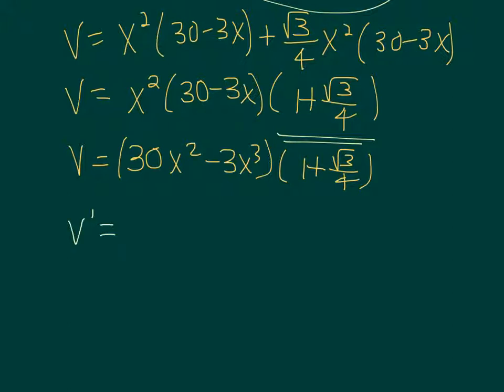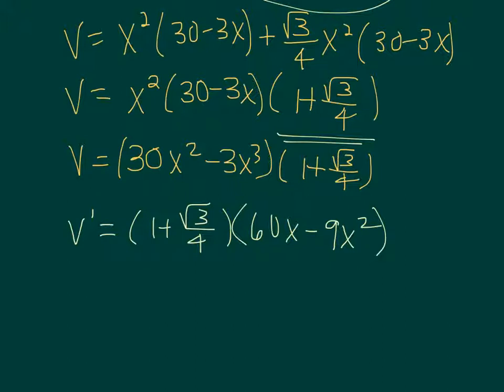So V prime, I'm just going to leave my constant alone. It's going to be 60x minus 9x squared. I could use product rule here. It would be first times the derivative of the second, which is 0, plus the second times the derivative of the first. So this is fine. Now, we're trying to maximize, so I'm going to set it equal to 0.